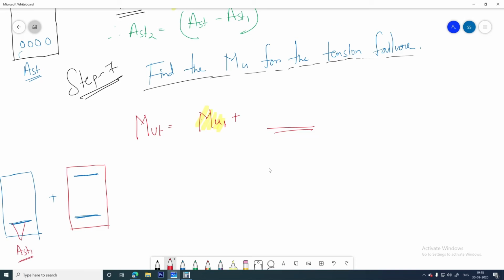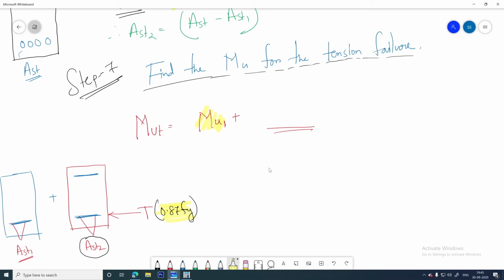So AST1, this portion is completed. Now the second part, this one is AST2. So at that particular level, what is the force T and what is the value of the force? That is 0.87 fy, right? That is the value of the stress at that particular level if you see the stress block diagram. So definitely this is the area and this is the stress. So this area multiplied with this stress will give you the force.